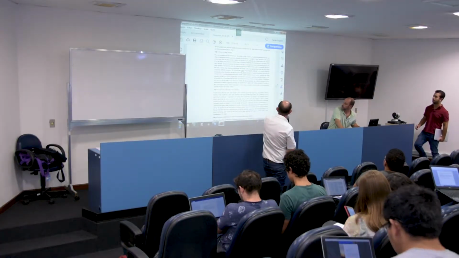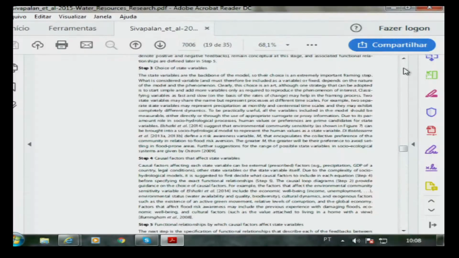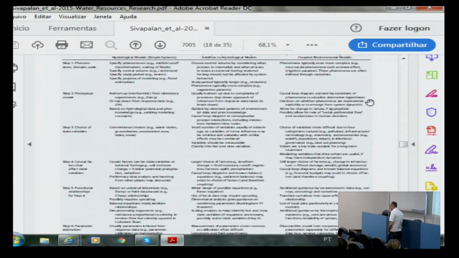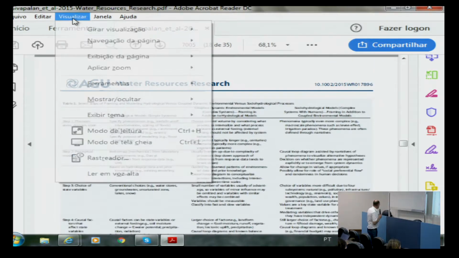And remove the border on the right-hand side, and so we can really maximize the screen because the font is a little small. Okay, what is the first step?